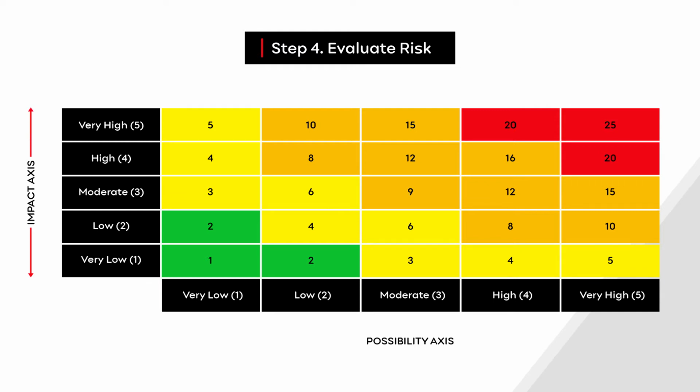And on the possibility axis, you have the same thing, very low to very high, again on a scale of 1 to 5. Now, what we do with this is that you pretty much have to do a calculation of a number on your impact axis and a number on your possibility axis, to work out what the score of a risk or a threat you've identified is.